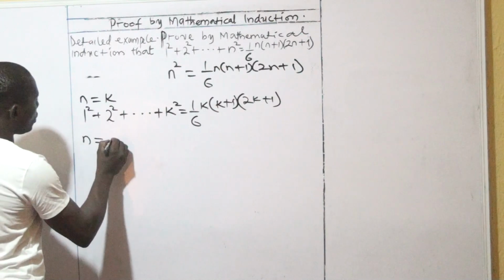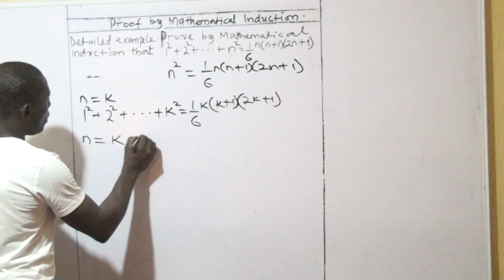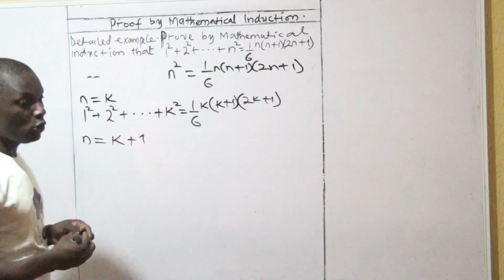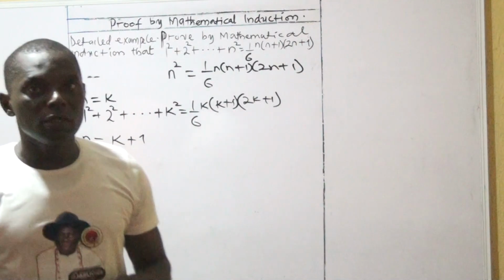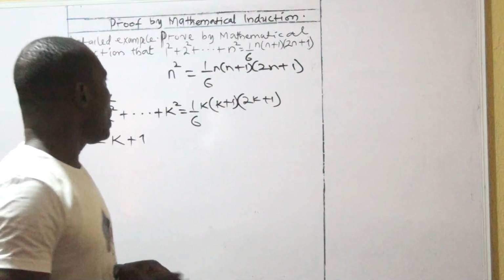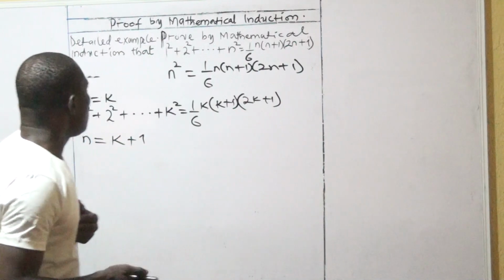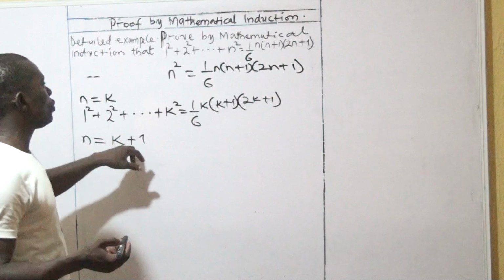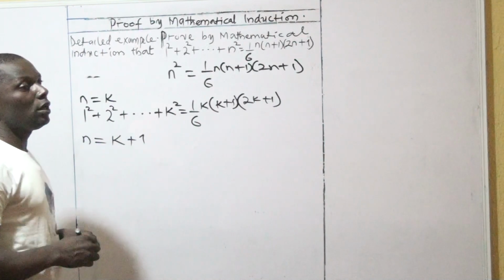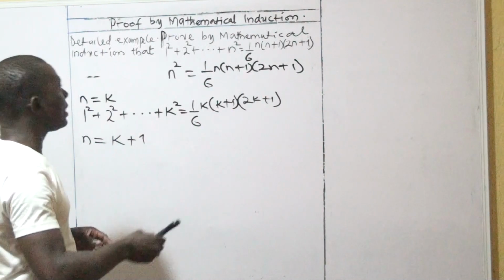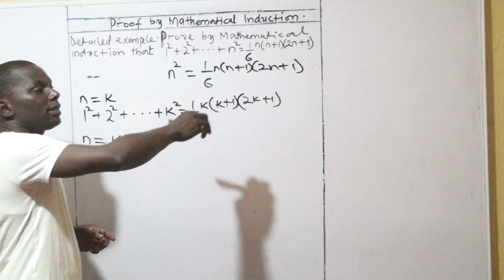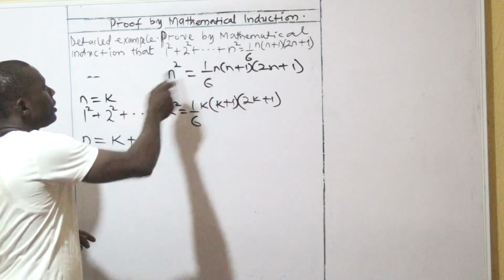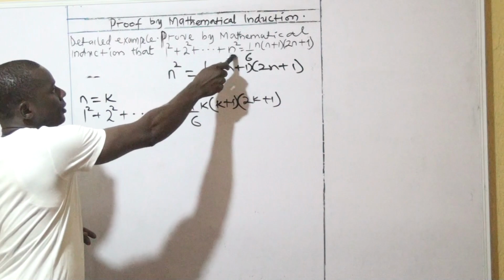The next step is to prove that it is also true for n equals k plus 1. And like I said the other time, if we are going to show that it is true for n equals k plus 1, one thing you have to do is look at the sequence that is generating this whole term here.